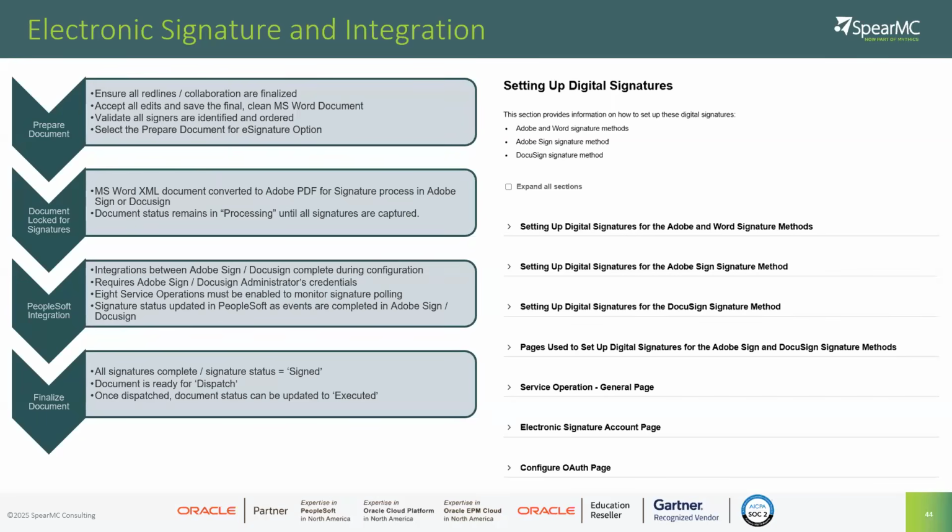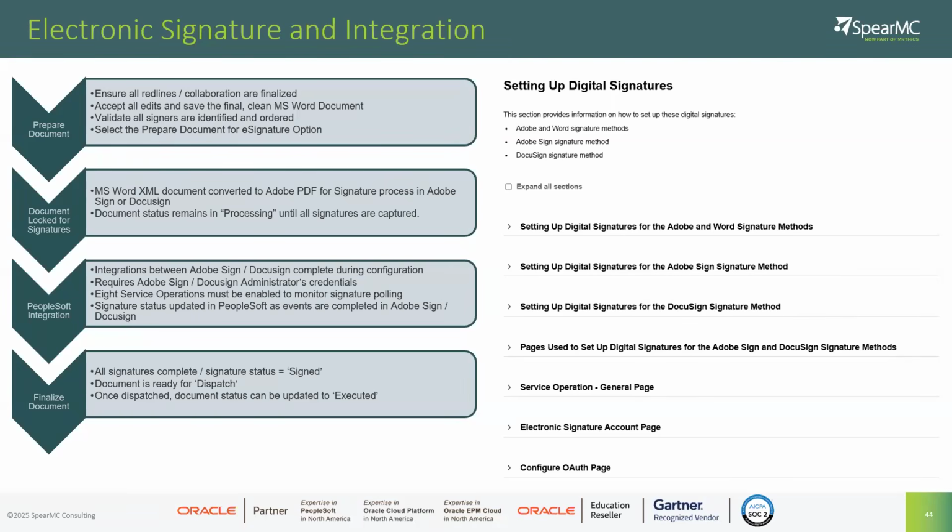Essentially, in your document, you're going to have a section that has the signature section. It's going to be mapped to whatever the syntax is for, I think DocuSign is like signature 1 is /S1/. You can see that embedded in the document. Once you have that, there's a button that you click that says prepare for electronic signature.